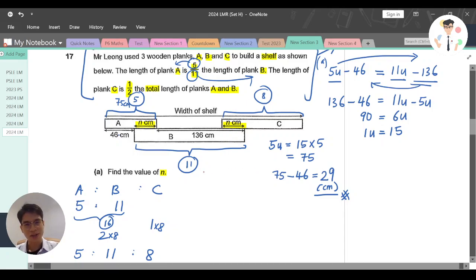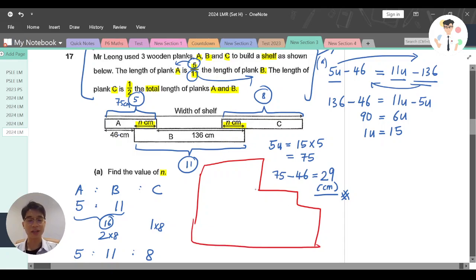But just to share a slightly different method, or not different, but for some of you that are a bit better or good with algebra, probably this is the first thing that comes to your mind. Let me write here.